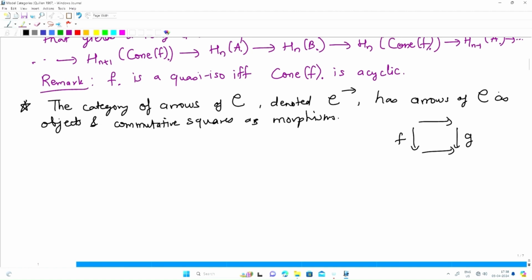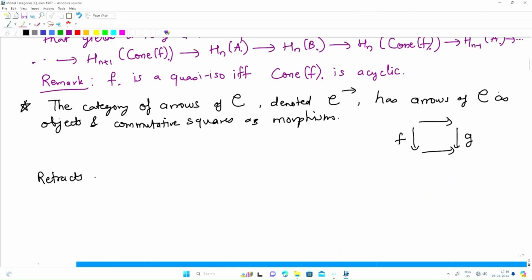Okay, so now we are talking about retracts. These are all topological concepts. Deformation retract, yeah, it's a continuous deformation. You can bring it down to a single point, and that single point embeds in the disk, let's say as the central point. And then that you call a deformation retract, that one-sided thing, like the inclusion followed by surjection is identity, and everything is continuous. Okay, so retracts in C arrow, what is this?